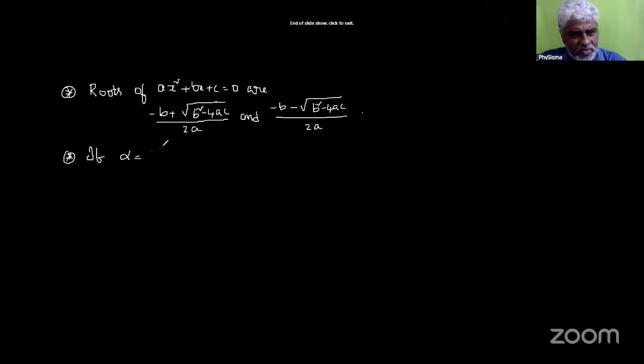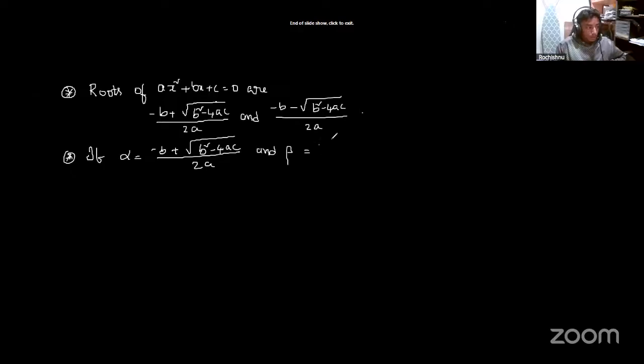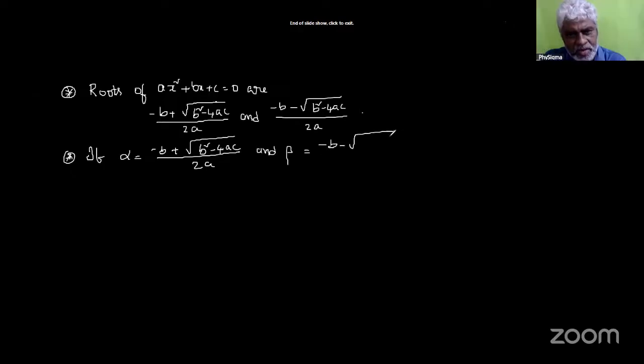If alpha is equal to negative b plus root of b square minus 4ac by 2a, and beta is equal to minus b minus root of b square minus 4ac over 2a, right?